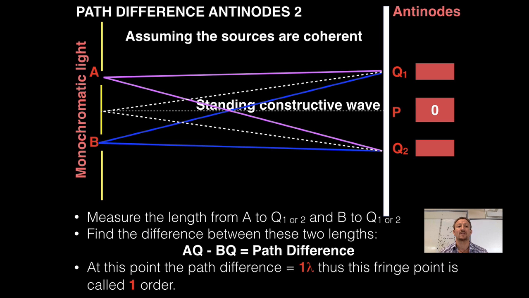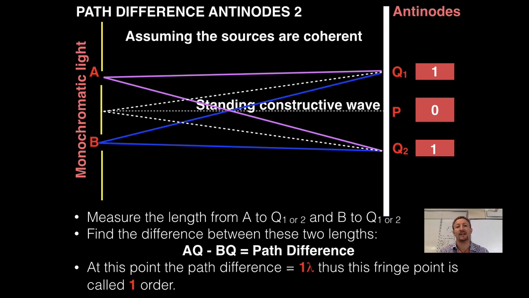The difference between AQ1 minus BQ1 in this case would be 2 meters, which is that wavelength. So both of these fringe patterns are given the order 1. Now we can call one negative and one positive, just denoting whether it's above or below, or to the left or the right of that order. Okay, so that deals with the next fringe.